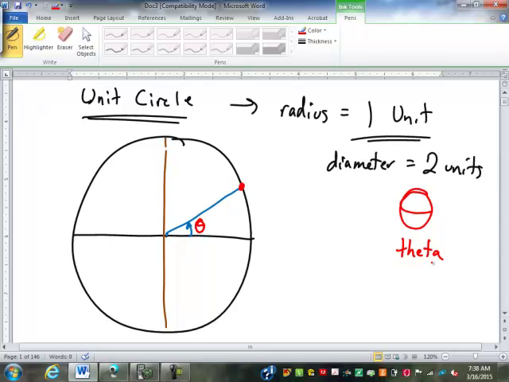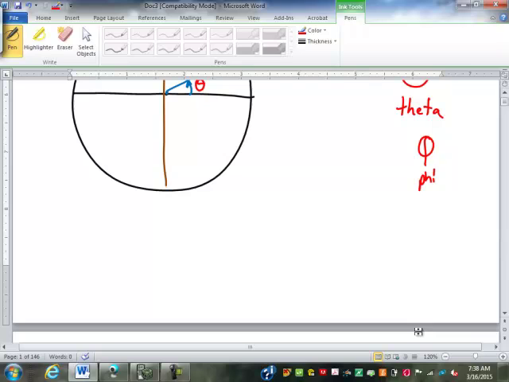In math, especially in trig, the variables we use to label angles tend to be Greek letters. Theta, phi is another one we'll use. Alpha, beta, gamma.